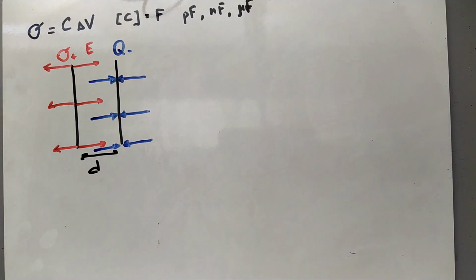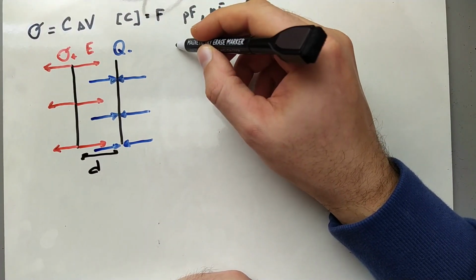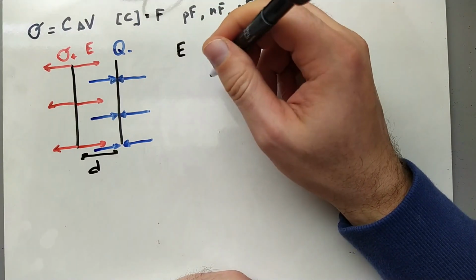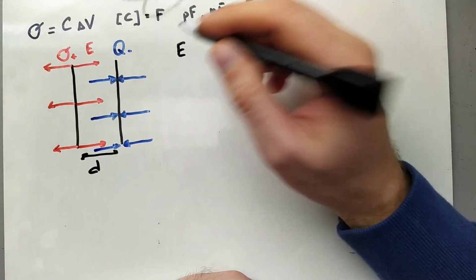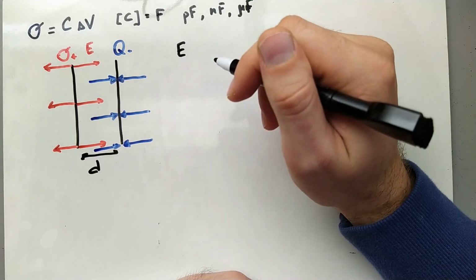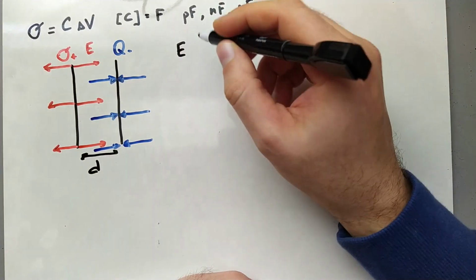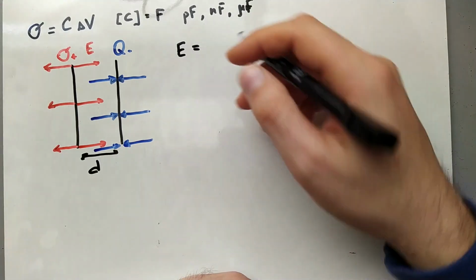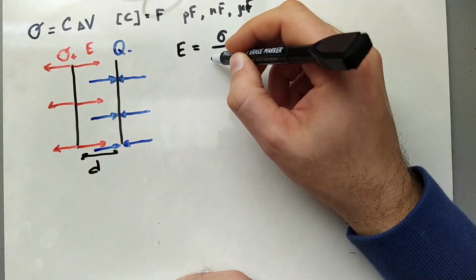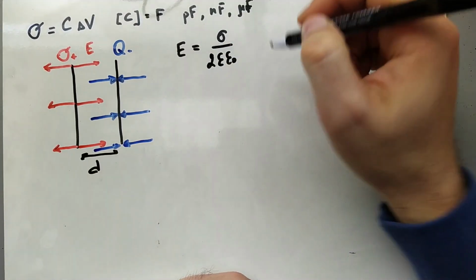So now we introduce the equation which gives us the magnitude of the electric field created by a charged parallel plate with very large dimensions. That will be sigma divided by 2 times epsilon naught.